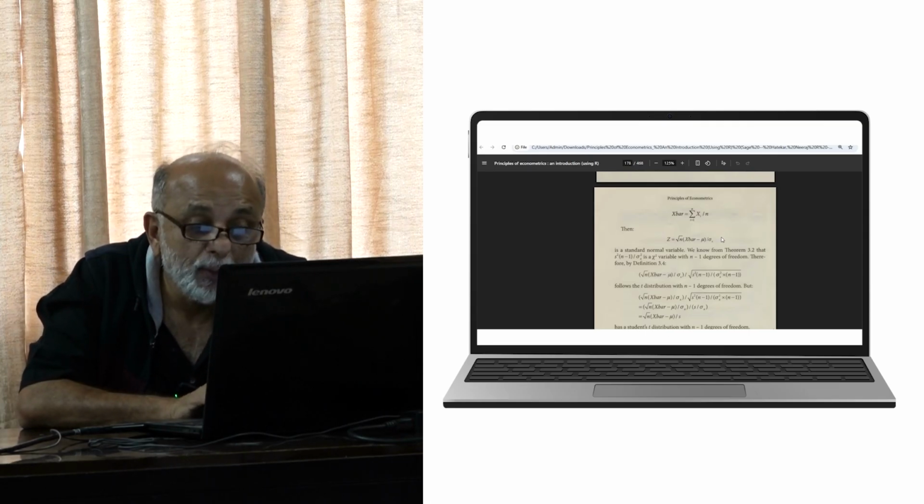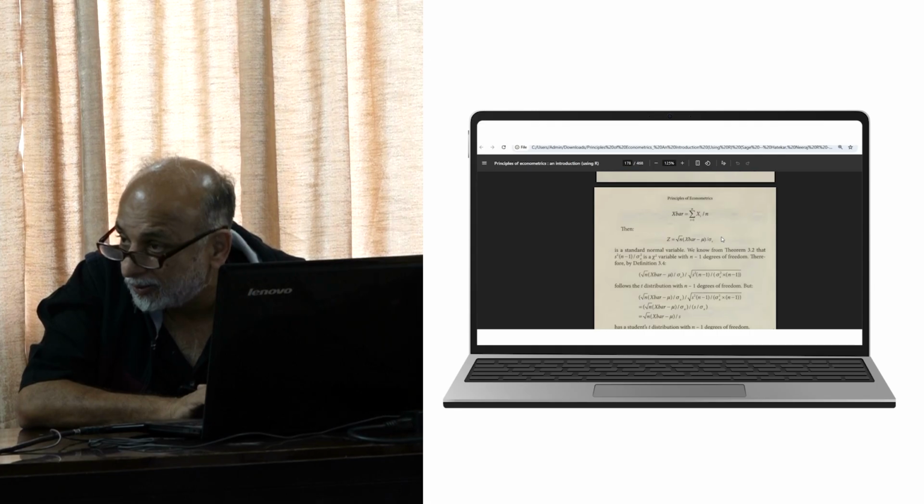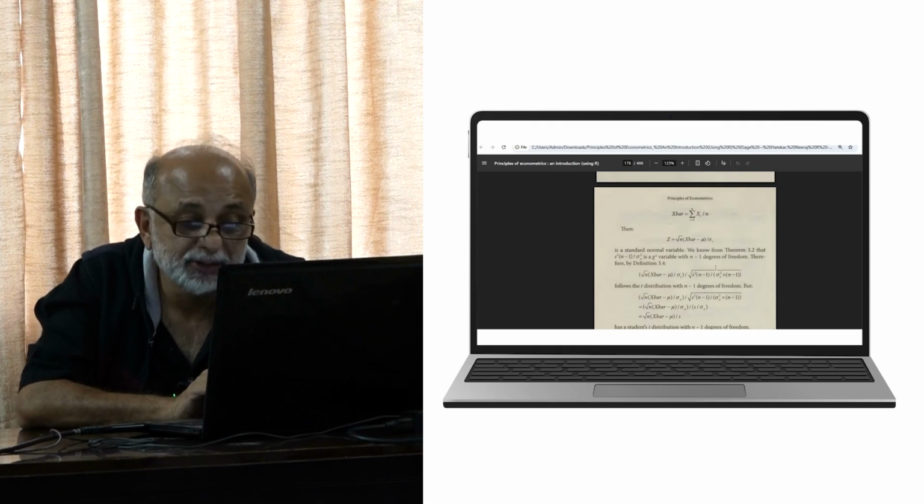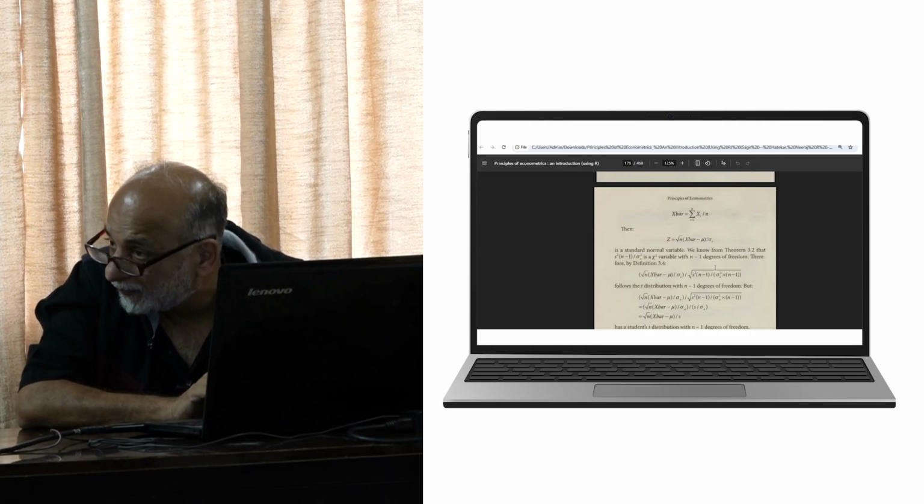Now S square into n minus 1 by sigma square is a chi-square.